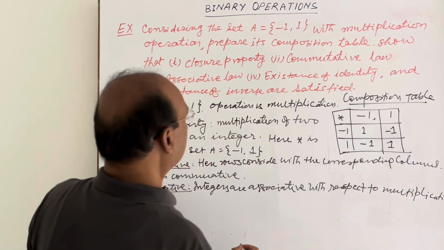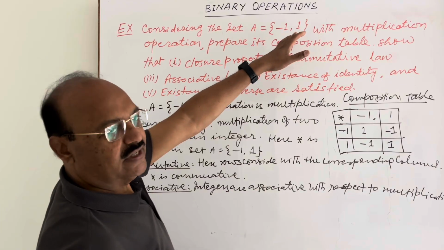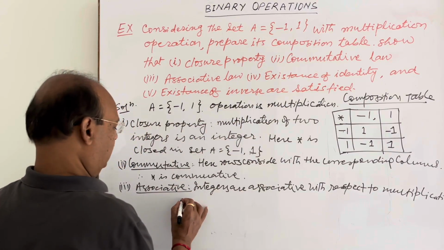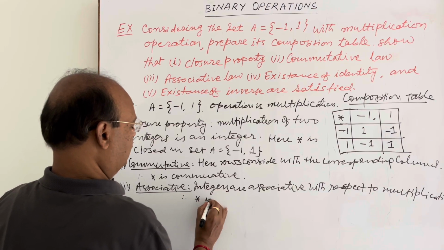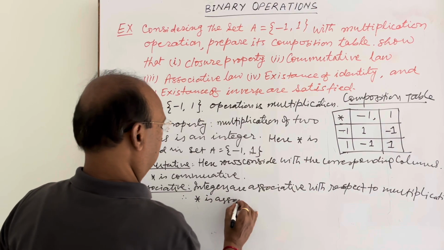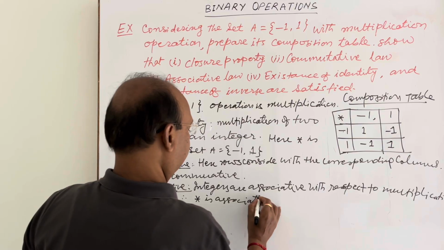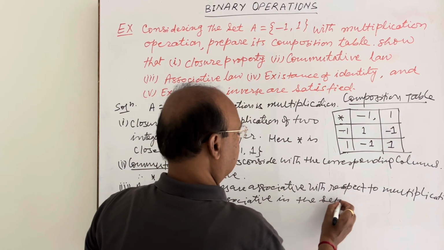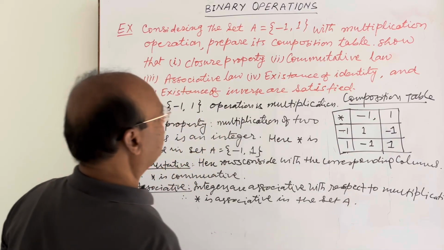So particularly set A has elements as integers -1 and 1. Therefore this operation is associative in the set A. Clear?